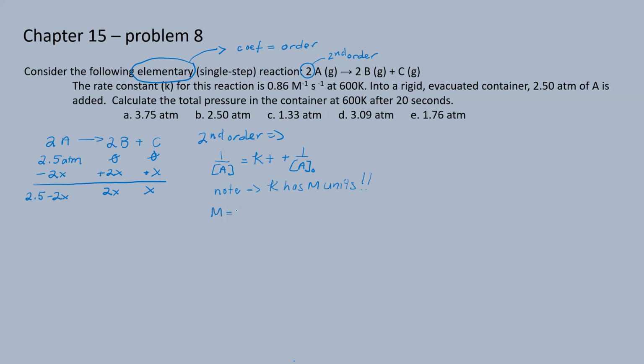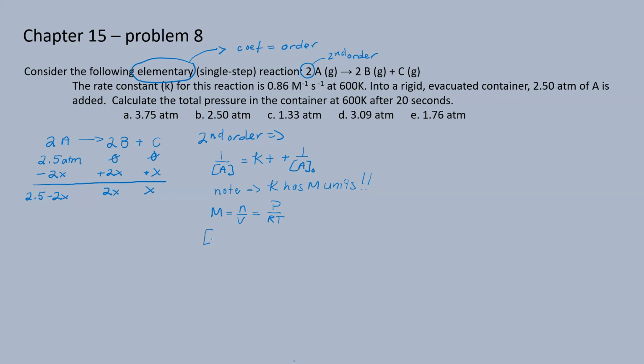So remember that molarity is moles over liters. We're given pressure. So we know that the ideal gas law has moles and liters in it. If I take the ideal gas law and manipulate it for n over V, you get pressure over RT.